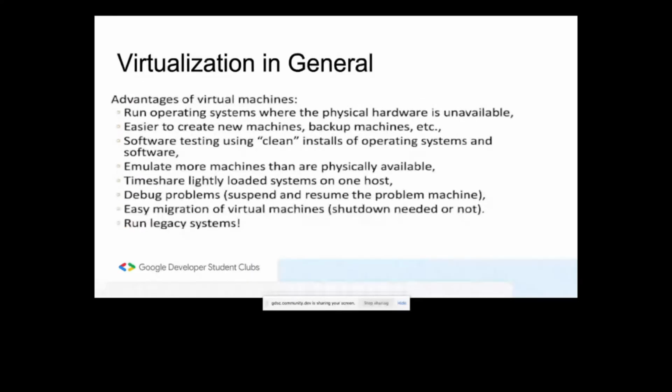The benefits of using virtual machines: whenever a user doesn't have the physical hardware for running an application, he can just take up some virtual machines and use them for application deployment, development, whatever. It's easier to scale, it's easier to create backups, it's easier to emulate more machines than are physically available, and there's easy migration of virtual machines.